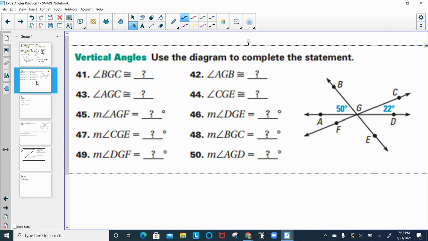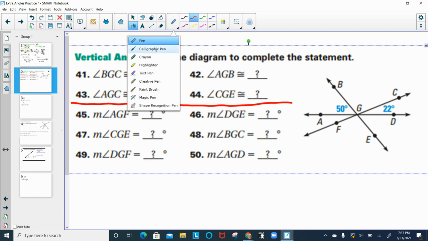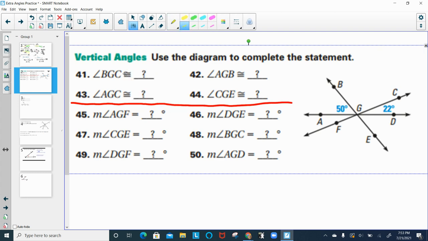Okay, so I don't know how it went, but I'm going to go through it. Now, these first 4 problems are very misleading. And the reason that they're misleading is because of this right here, because they have the congruent sign. So let's just clear this up right now. Make sure we're all clear. Some of you might have put numbers in there and then wondered, hey, why is BGC in problem 41 and in problem 48?